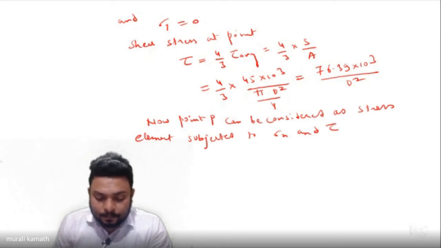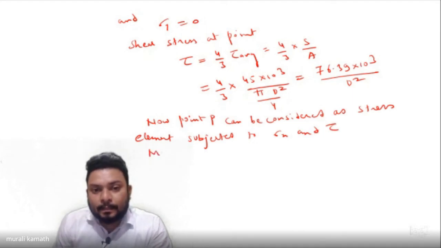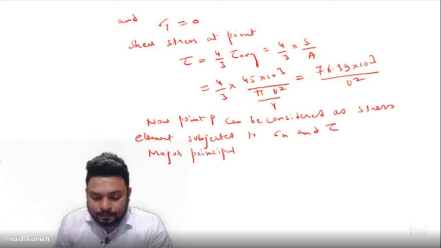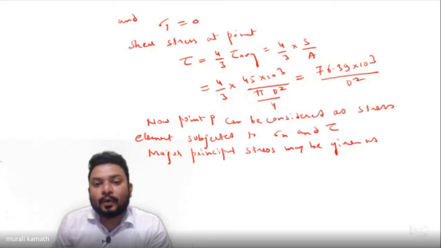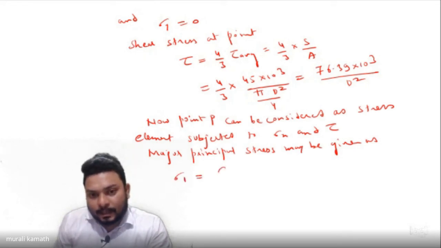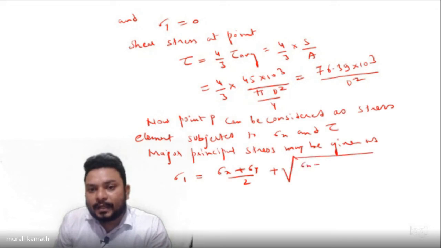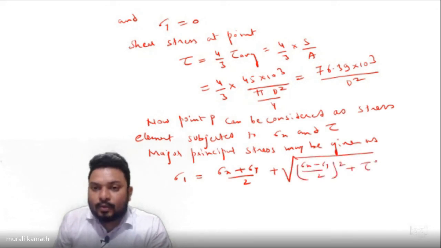The major principal stress may be given as, yes, the formula: sigma 1 is equal to sigma x plus sigma y divided by 2, plus under root sigma x minus sigma y divided by 2 whole square plus tau square.